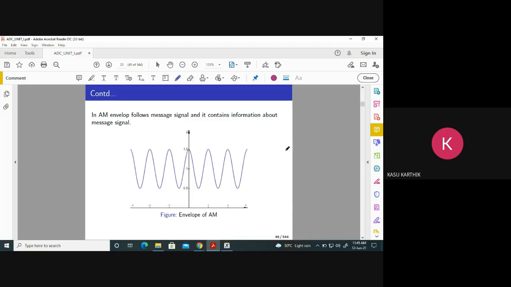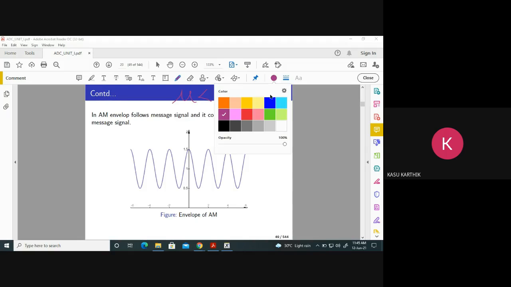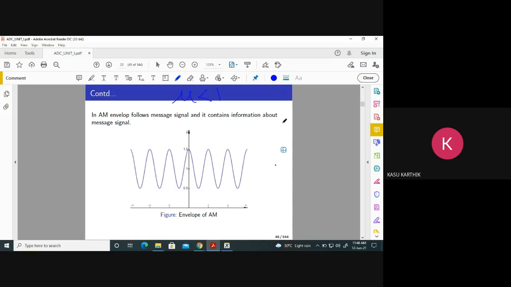Please remember, we are referring to when mu is less than 1. So this is the envelope of your signal.